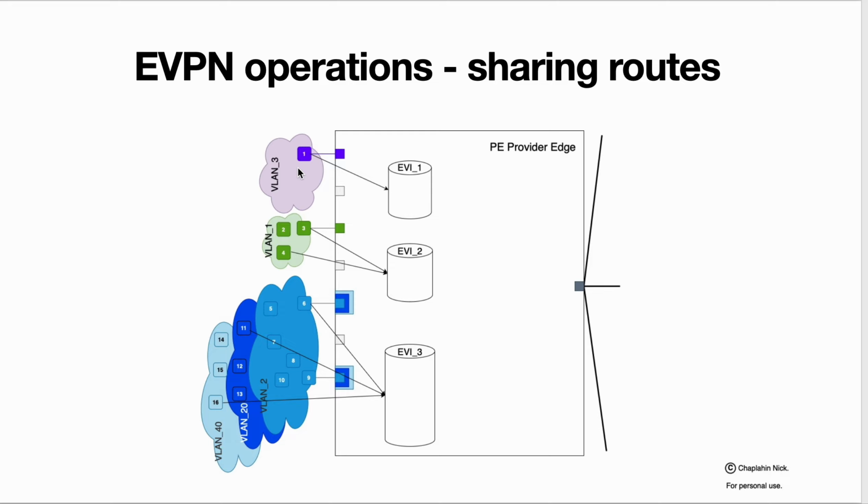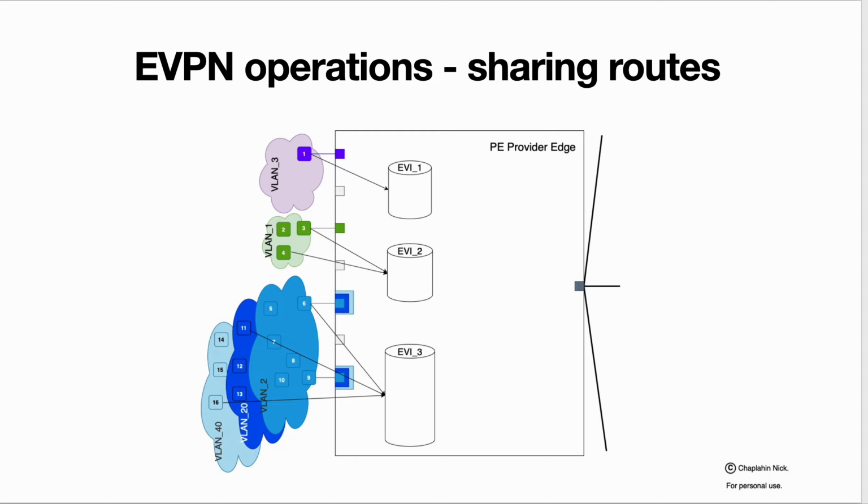In more complicated use cases and configurations, it can be different, but you can read about that in the specifications. For now, you can imagine that an instance is a domain. And it means that the instance should have an ID, the same on all provider edges that include this broadcast domain.